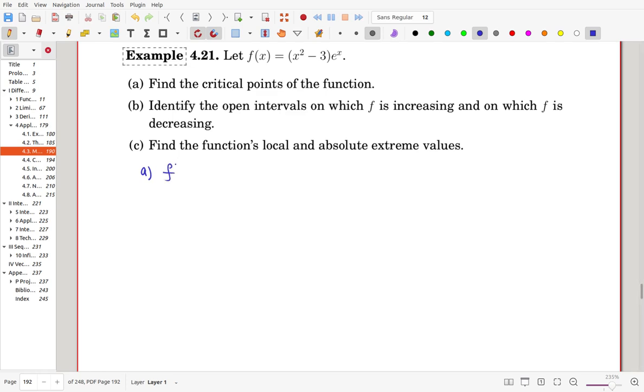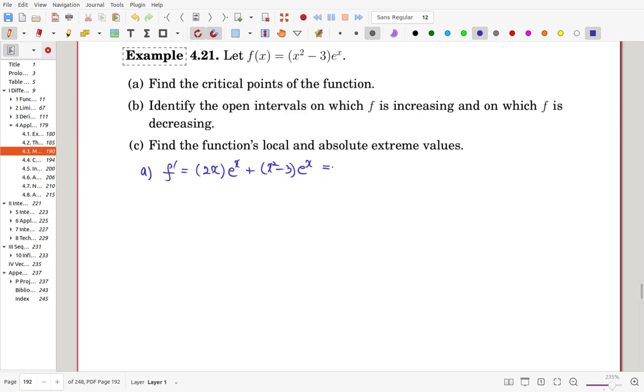To do that, F prime, so that is now here 2x and e to the x plus, by using the product rule, we are differentiating the function, and that is x squared minus 3 and e to the x.